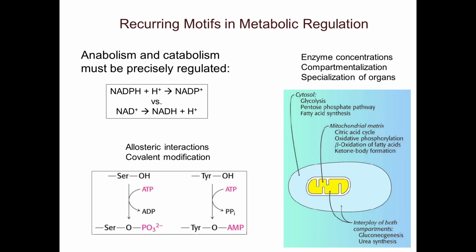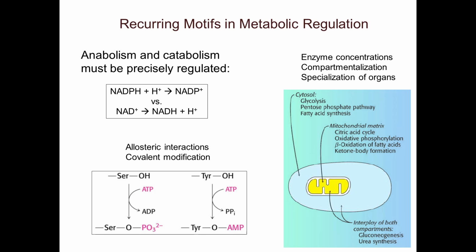We have separate pools of these two. It's difficult to convert one to the other. It's a phosphorylation event, which would, of course, cost an ATP. But the pools of NADPH and NADH are kept separate, right? So the ratio of one to the other can give the cell an idea of what state it's in. Is it in an anabolic state or is it in a catabolic state?